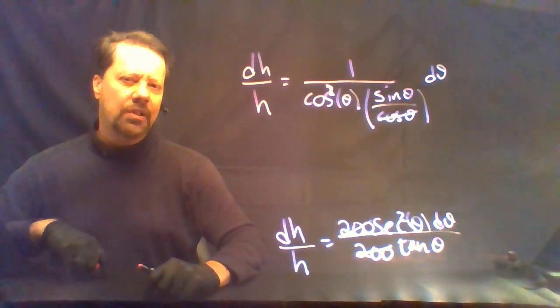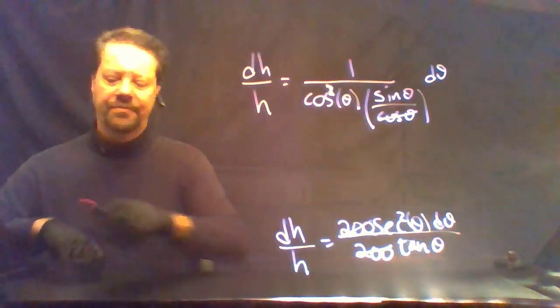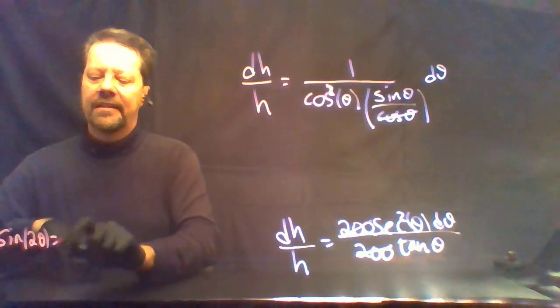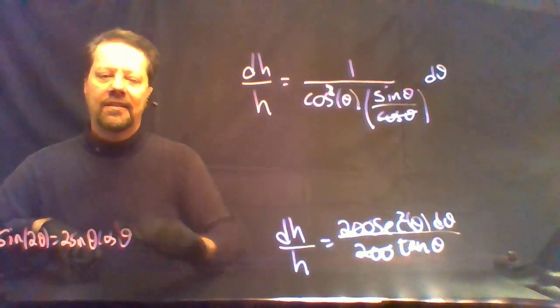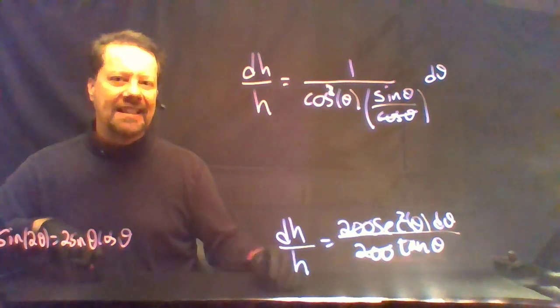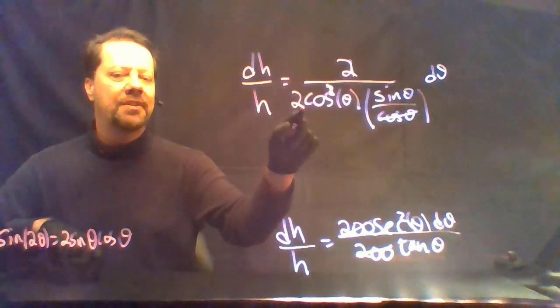Doesn't that almost look like a trigonometric identity to you? You might recall that the sine of 2 theta is 2 sine theta cosine theta. We almost have the double angle identity for sine in the denominator. What's missing is a factor of 2.